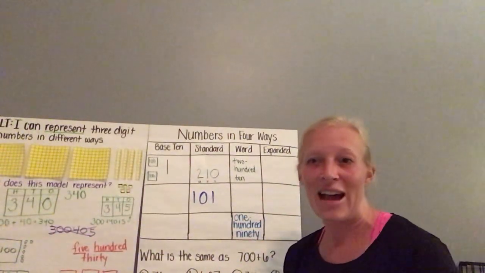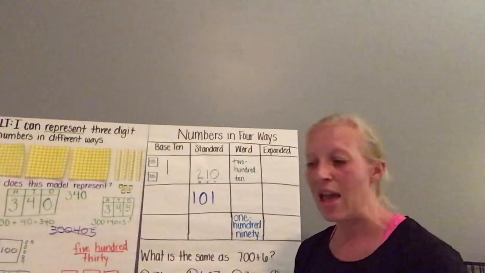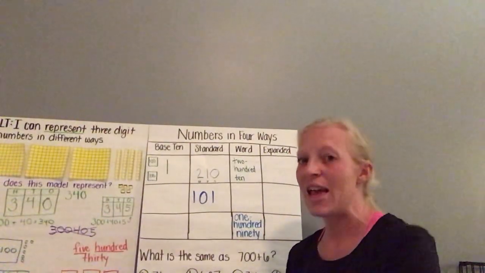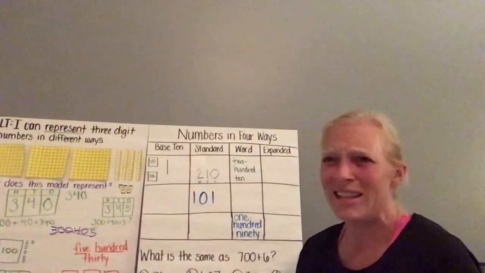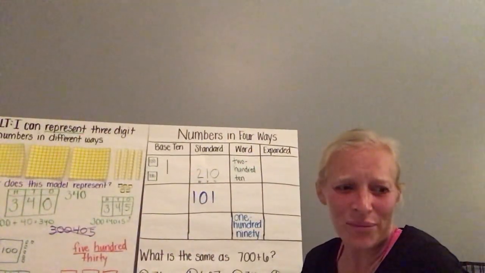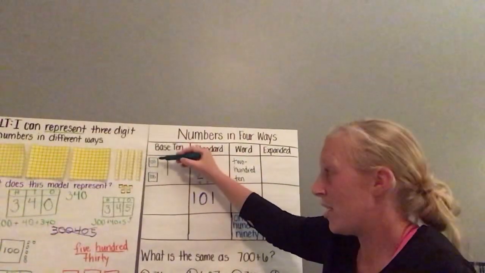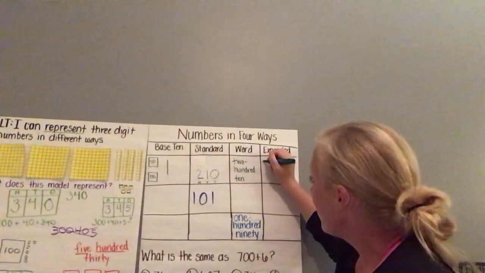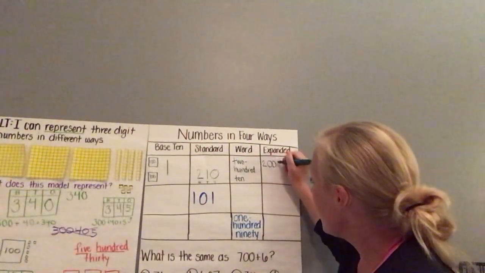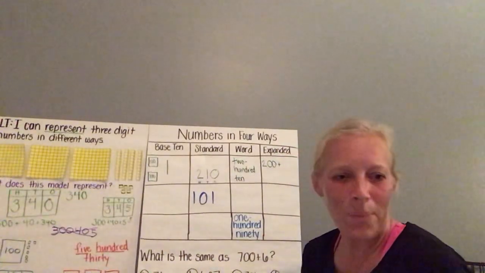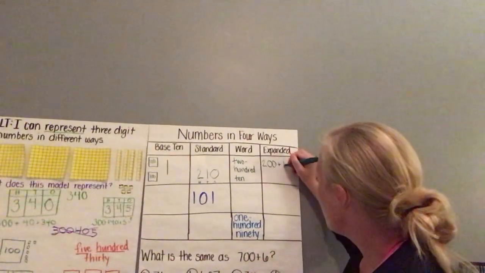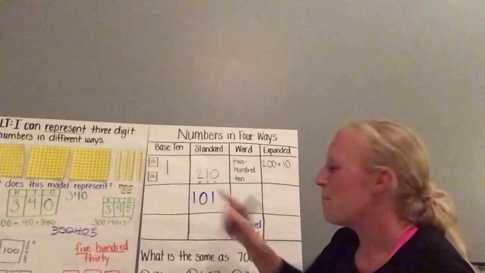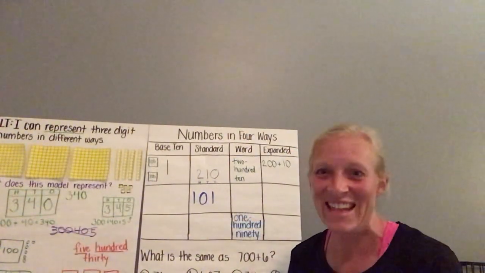We're going to think about how much our hundreds are worth, how much our tens are worth, and how much our ones are worth. So when I have my 200s, how much is that worth? 100, 200. 200 plus what? 1 ten is worth 10. Yes, 200 plus 10 makes 210.